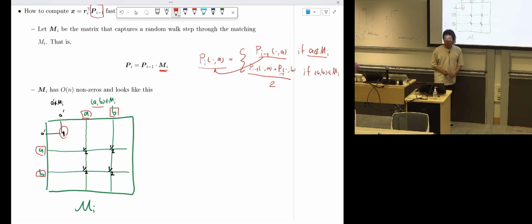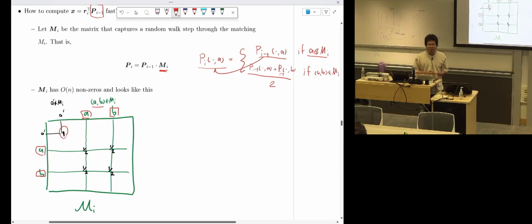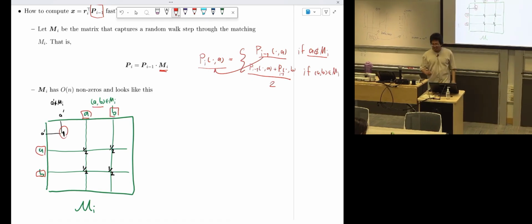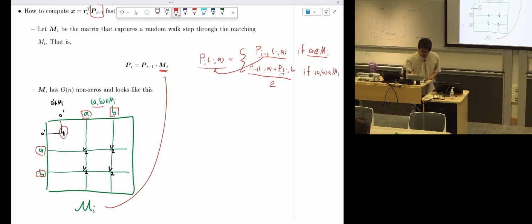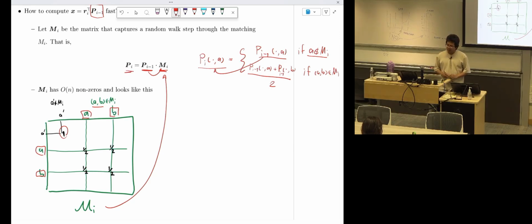Okay. So each row and column has basically at most 2 non-zeros in M_i. Hopefully you can verify yourself that this is exactly the matrix such that when you multiply it by pi_{i-1}, you get pi_i.